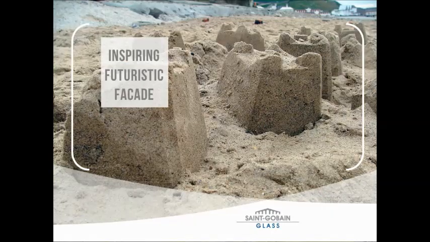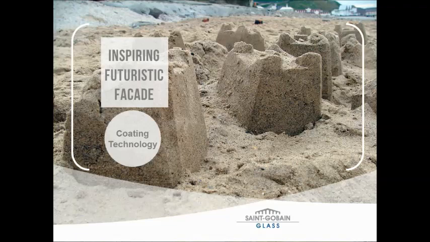So what we have seen so far are the facades which could possibly define the future in terms of coating technology, where the glass performance is going towards super selectivity, where the light transmission is not hampered and you gradually bring down the heat gain using super selective coatings with double silvered and triple silvered.